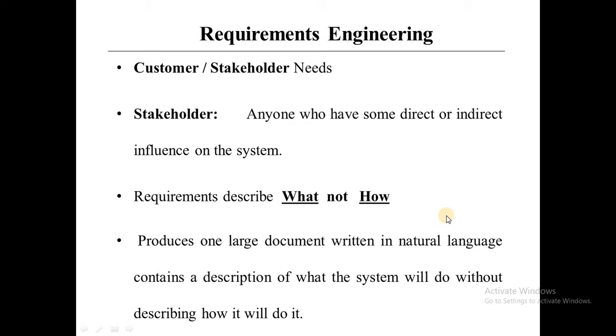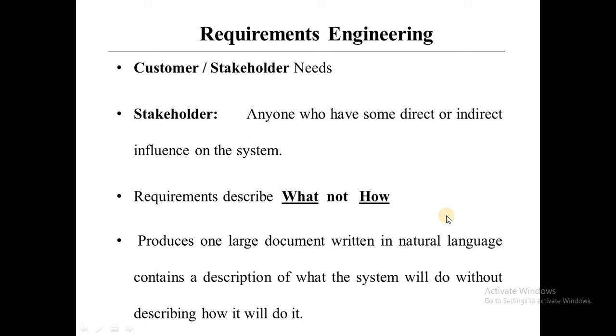You can see many kinds of stakeholders. Stakeholder means one who has a direct or indirect relationship with the system. So completely, a requirement is a need. So a need of what? It may be a need of a user, customer, or stakeholder.